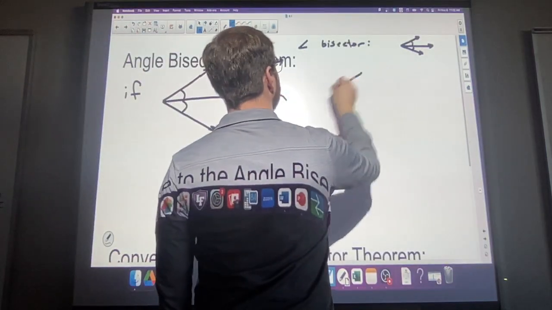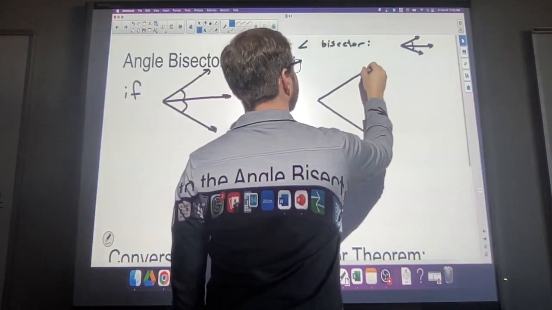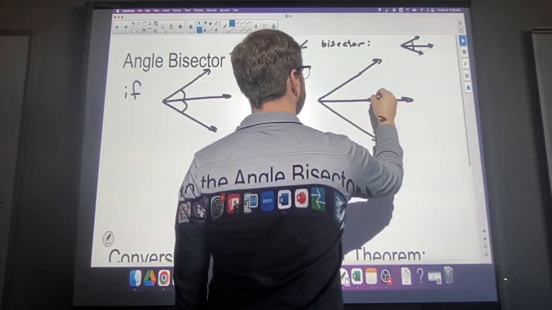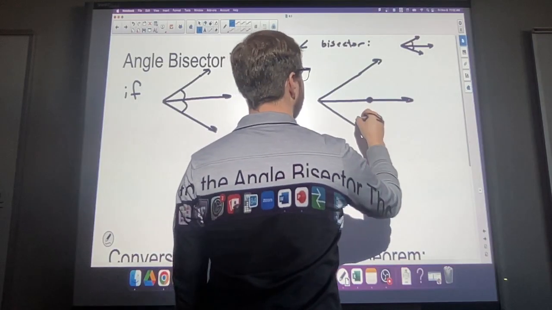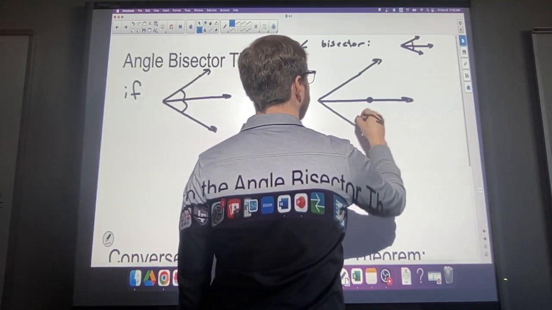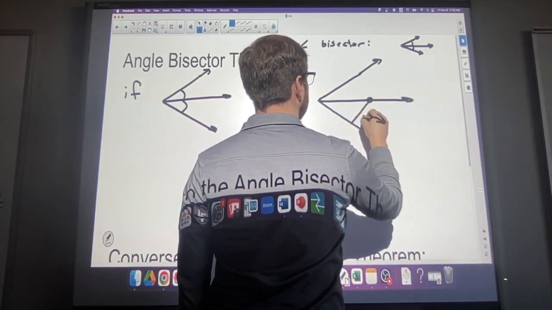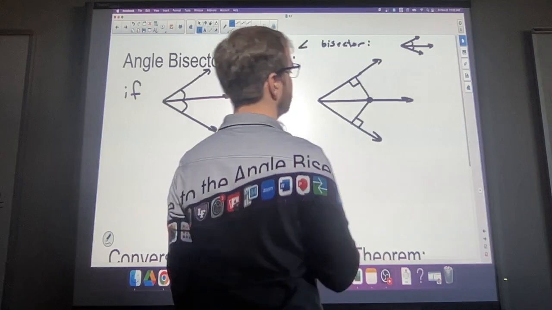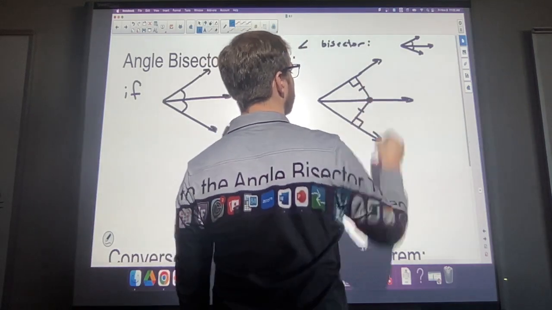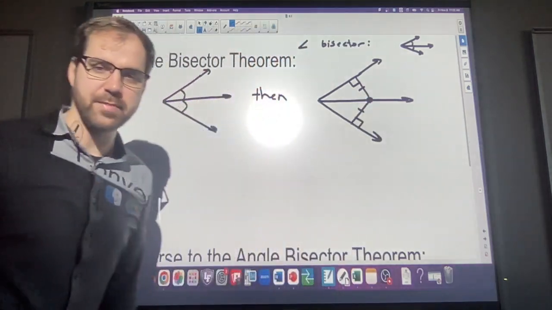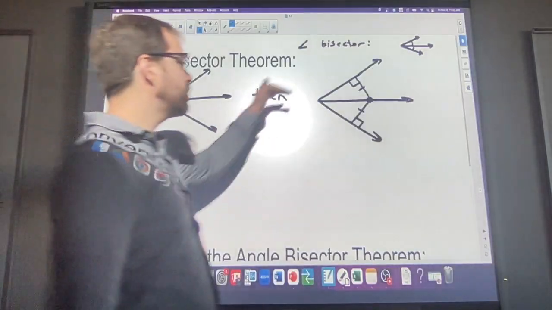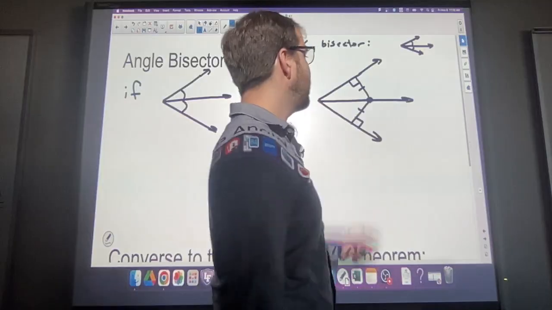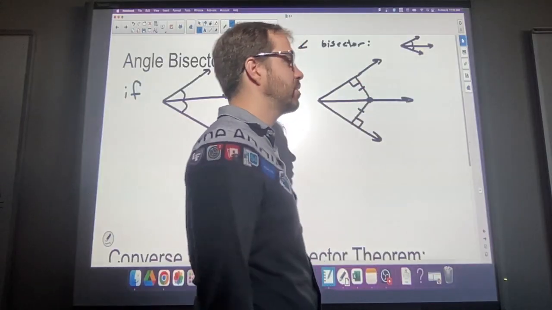If we have some point on there, it has to be the case that if we do perpendiculars that meet at some point on that bisector, they have to be congruent. They have to be the same distance, okay? And that's because this is perfectly in the middle. Anytime you have something in the middle, it has to be equal distance from both sides.